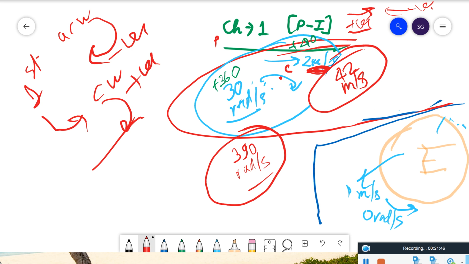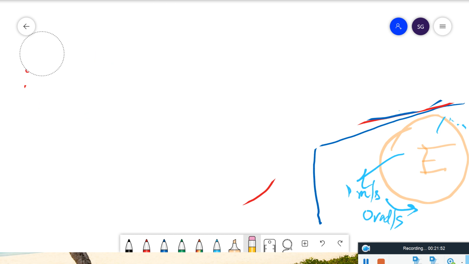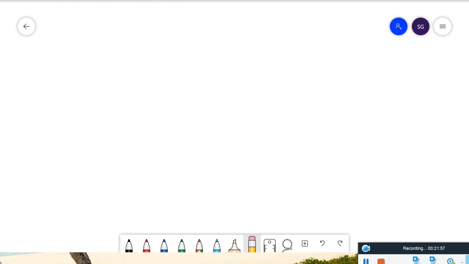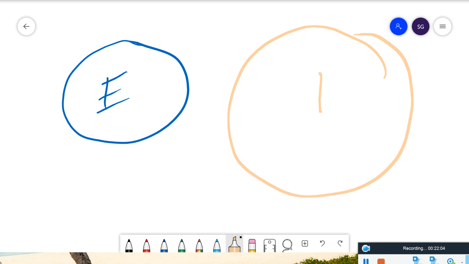Fine. Now I will just take a practical life example. This is E and this is F, where I can denote this as the sun in our solar system, and this is my Earth.